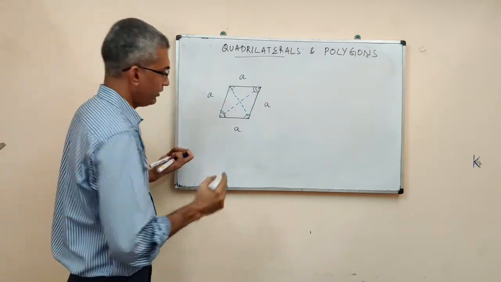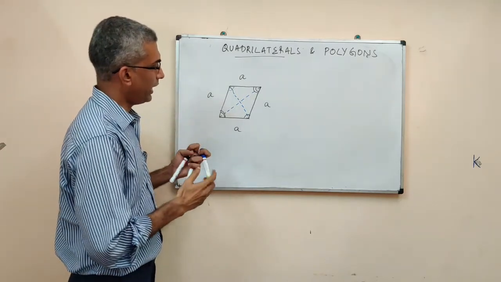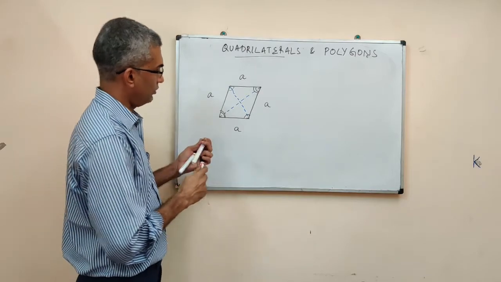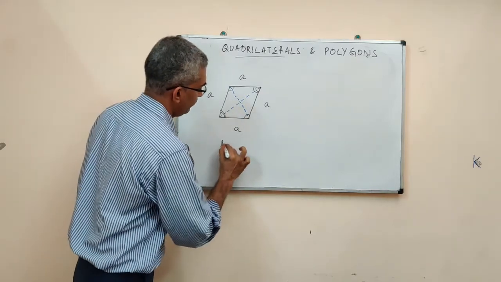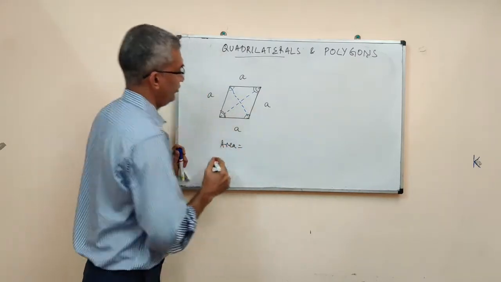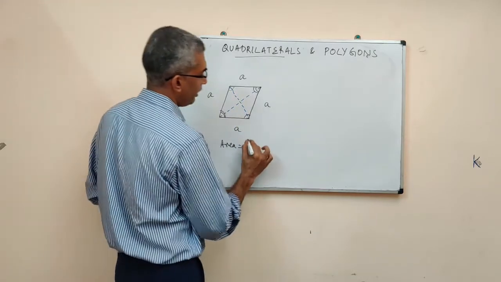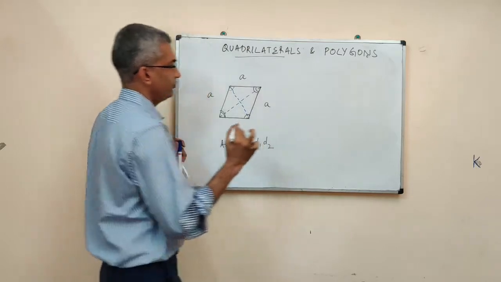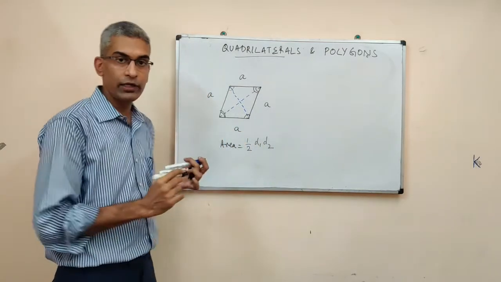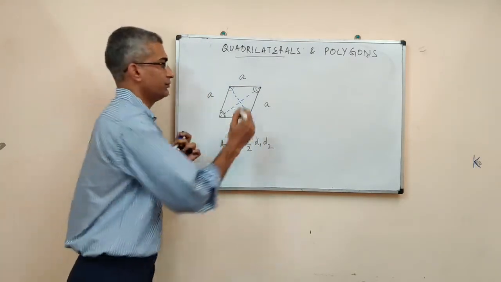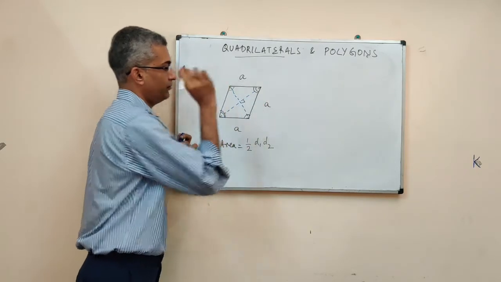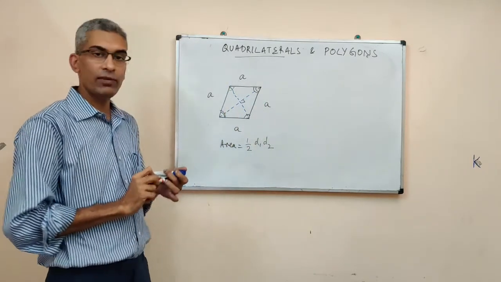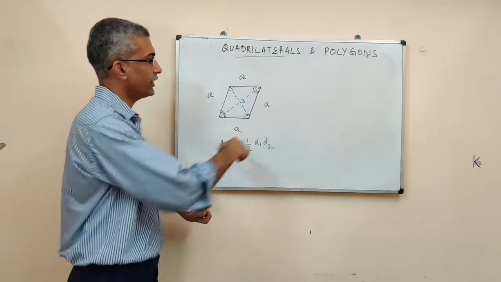If you want to find the area of a rhombus, it will be half into d1 into d2, where d1 and d2 are the diagonals. Perimeter will be 4 times a, because all sides are equal.